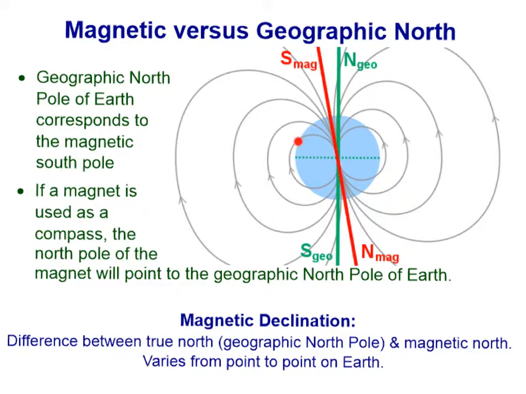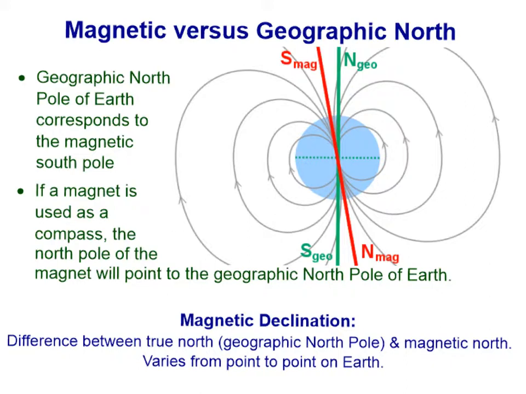As you travel northward, the needle is going to rotate so that it points more toward the surface of the Earth, because it's pointing more toward that magnetic south. Finally, when you arrive at a point just north of Hudson Bay in Canada, the north pole of that compass needle is going to point directly downward. That's because that site is considered to be the location of the magnetic south pole of the Earth.